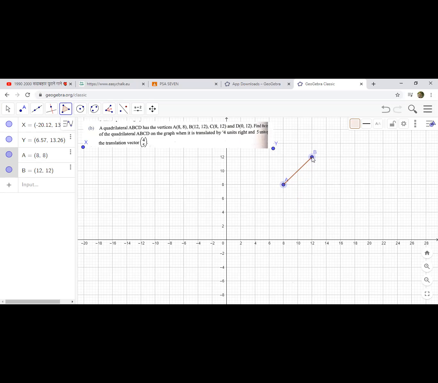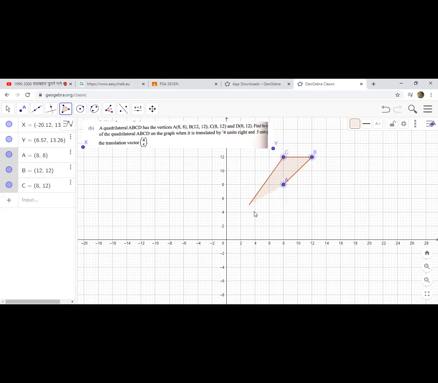Yes, sir. 12, 12. Okay, I'm asking about the point C. What is the coordinate of point C? Point C, 8, 12. Okay, let me mark the point 8, 12 here. This is point C. Here some students are coming.